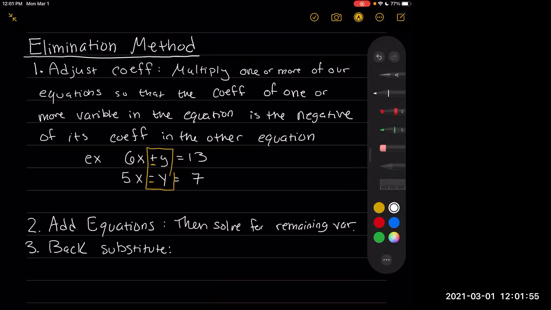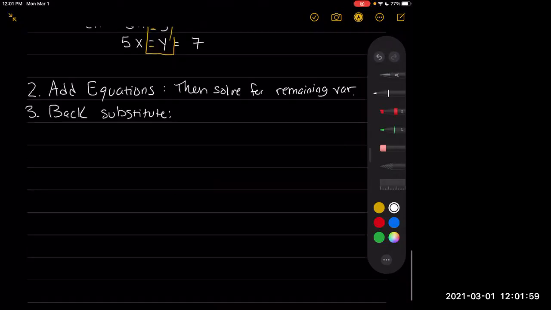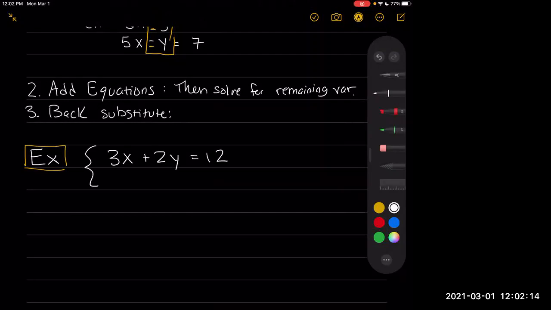Okay, so if we were to look at an example of this, if we take our system as 3x plus 2y equals 12 and 4x minus 2y equals 2. Our first step is already done.